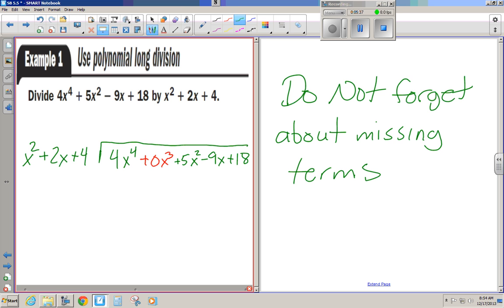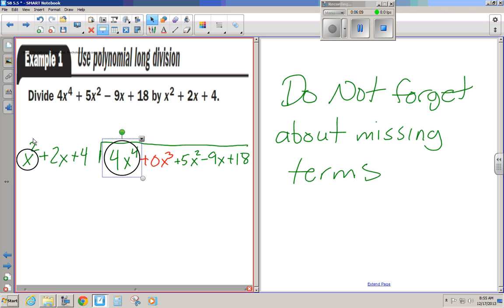All right. And the first thing you need to look at is only how the x squared and the 4x squared, how you can get a 4x to the fourth out of an x squared. So don't worry about any of the rest of this stuff.